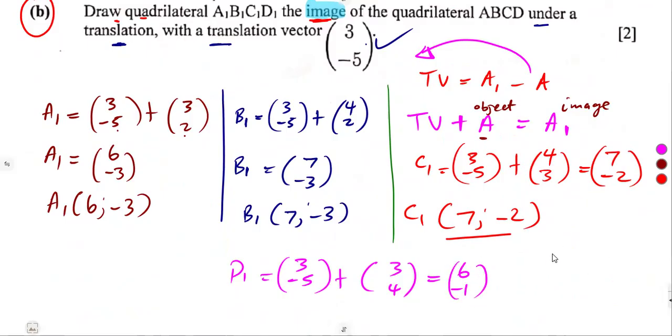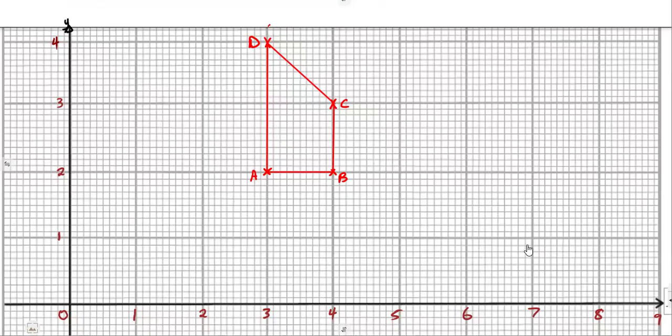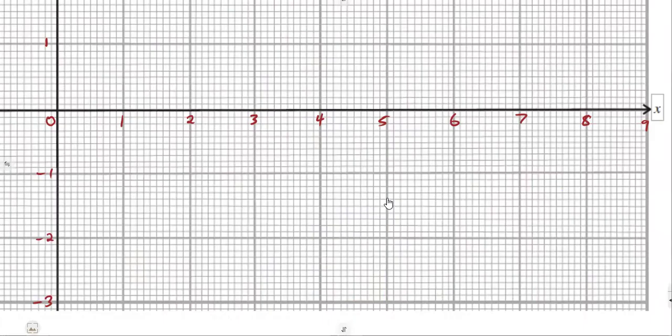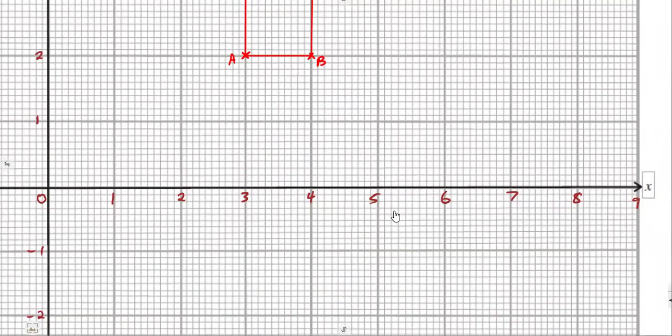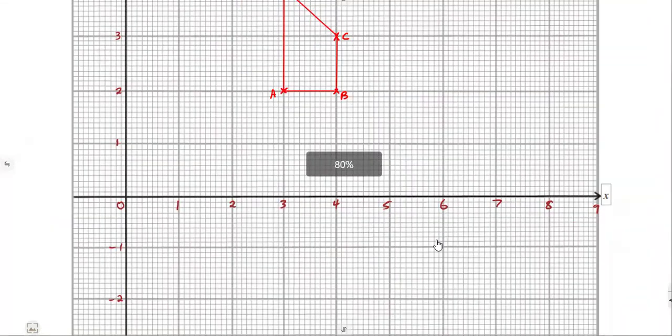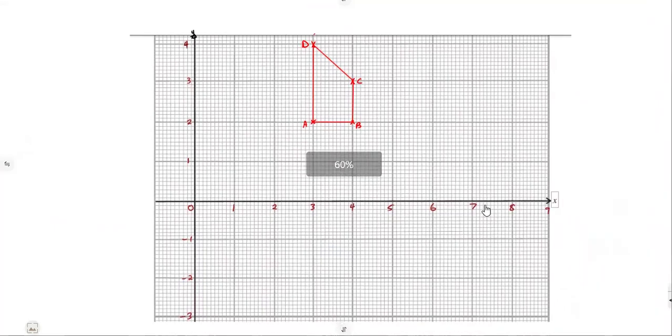Okay, so that is what actually we were going to have in this case, which can be written as a point (6, -1). So with these coordinates, what you're going to simply do is to mark them on the what? On the graph.